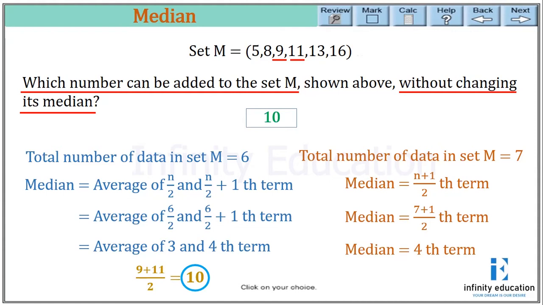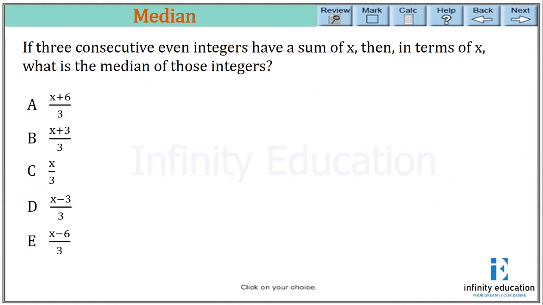Now let's do one more example. If 3 consecutive even integers have a sum of x, then in terms of x, what is the median of those integers? So they have said 3 consecutive even integers have a sum of x.